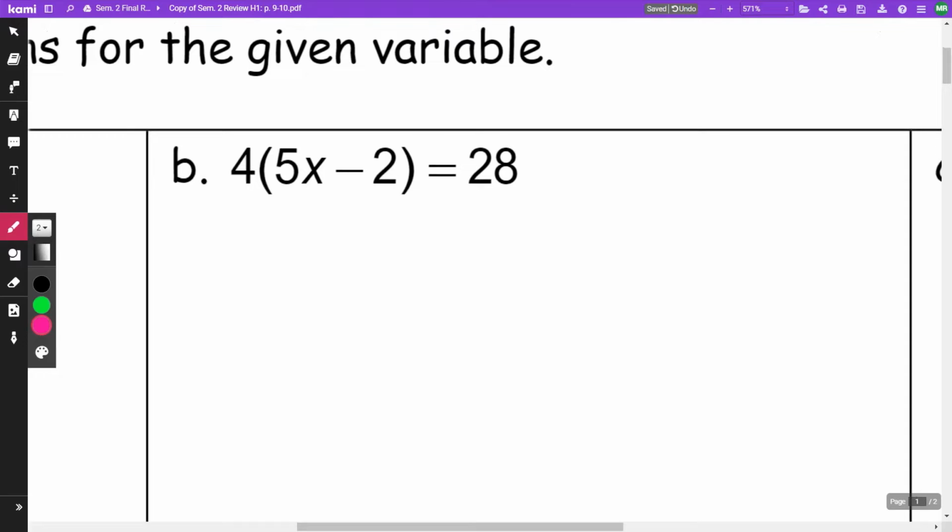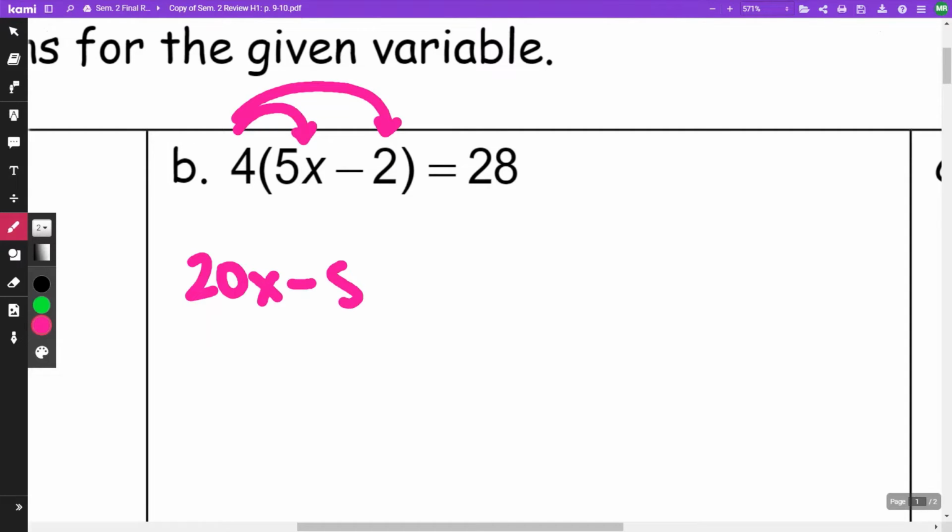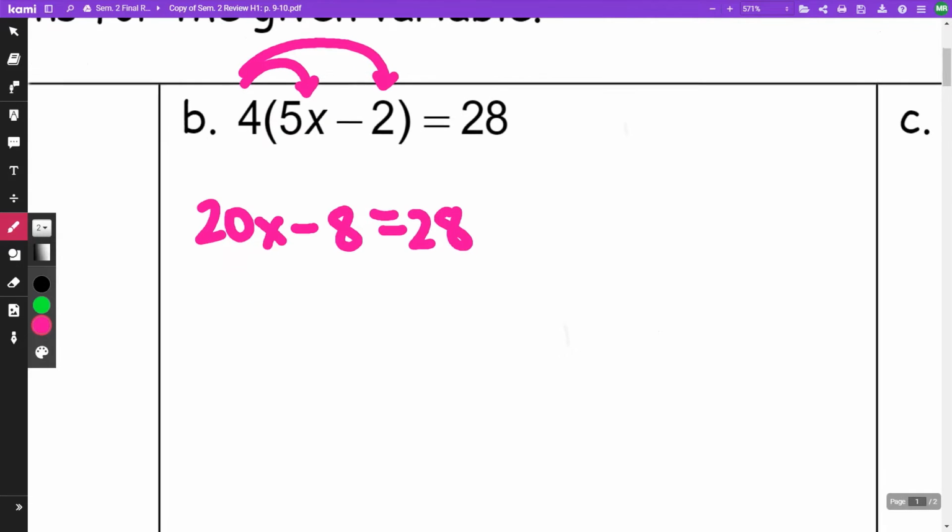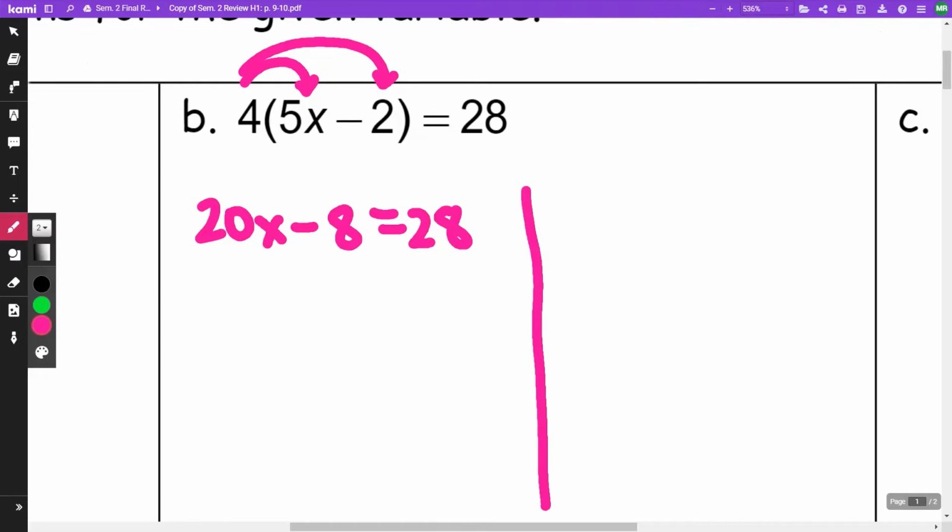On B, we could do one of two things. We could distribute this 4 to both things here and get 20x minus 8 is equal to 28, and then solve from there by adding 8 to both sides, because now it's a two-step problem.